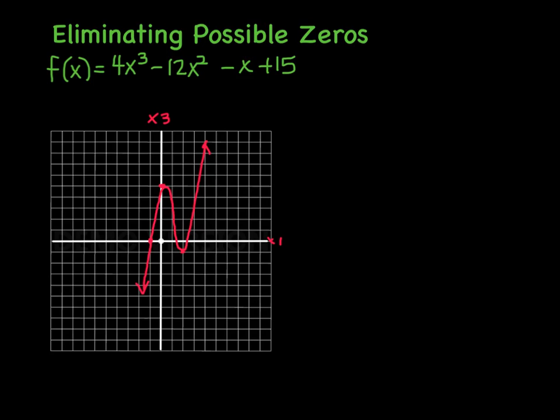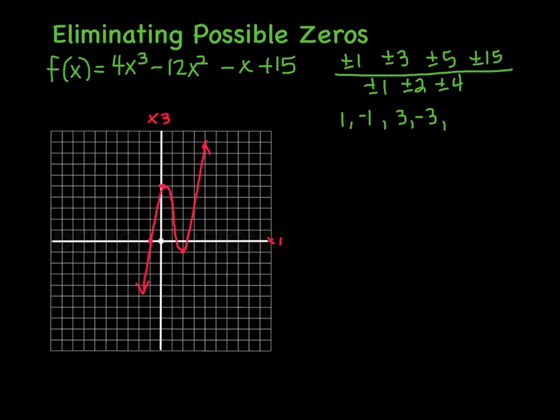Okay? So now what I want to do is list all my possible zeros. So I know it's factors of the constant over factors of the leading coefficient. So I have 1 and -1, 3 and -3, 5 and -5, 15 and -15.